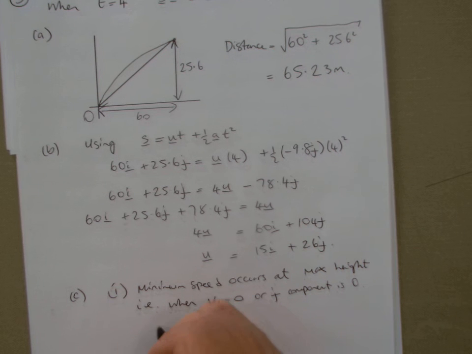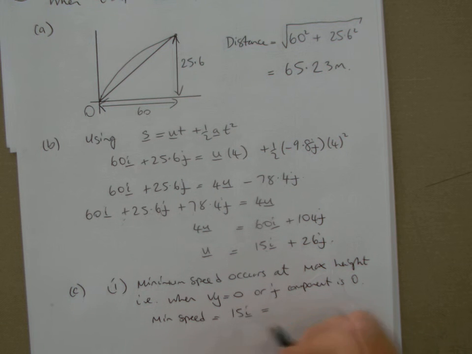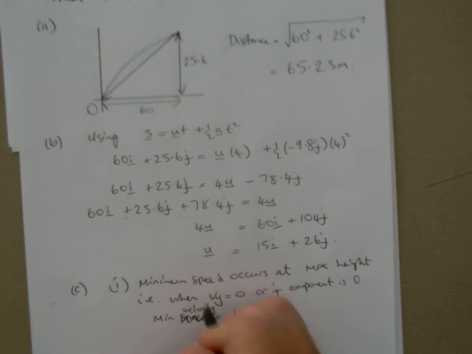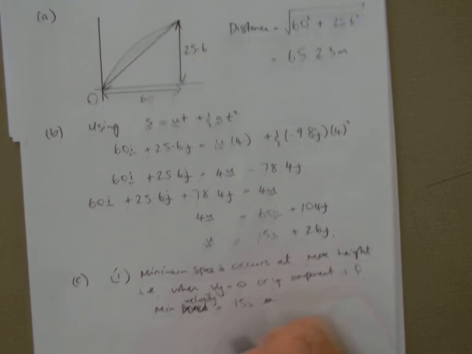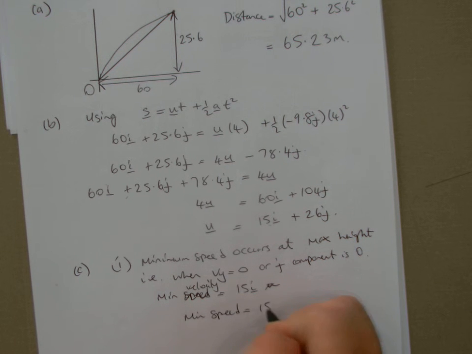So the minimum velocity will be 15i, so then the minimum speed will equal 15 meters per second.